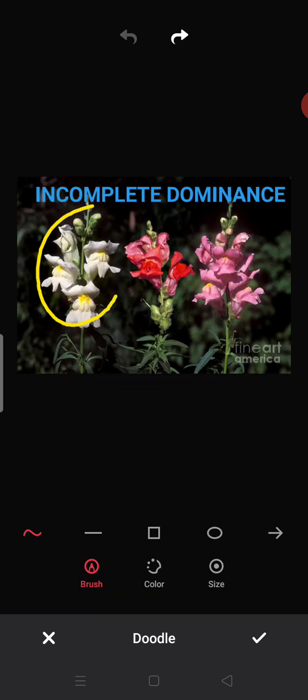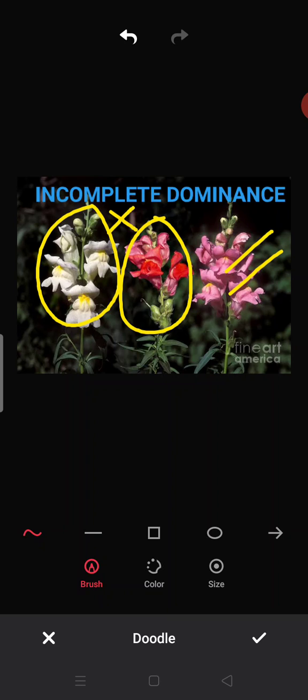We have here a white snapdragon crossed with a red snapdragon. So, the offspring is this one. What do you notice about the offspring? It's color pink, right? And this color is intermediate between the two parents.